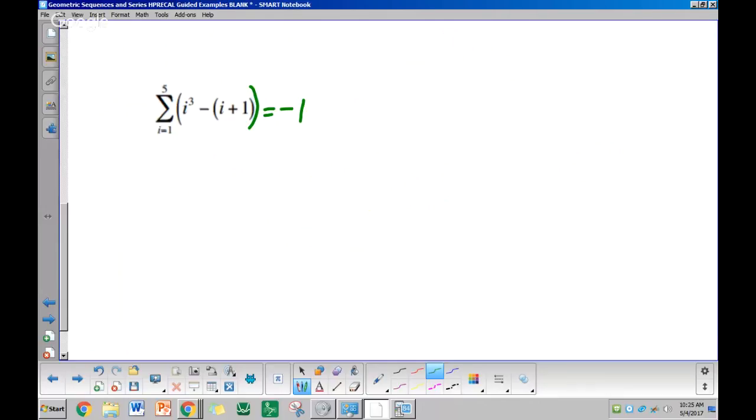Now where you see I, you can put N. Right? So the N to the third minus parentheses N plus 1. So somebody's gonna give you the sequence, right?